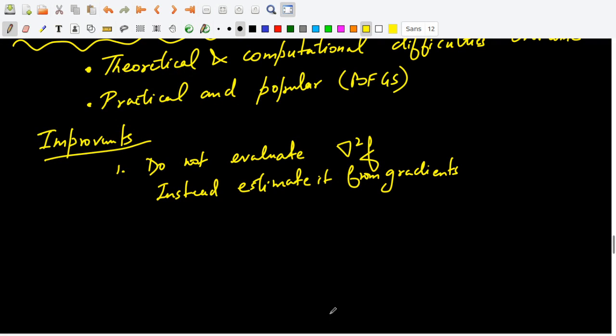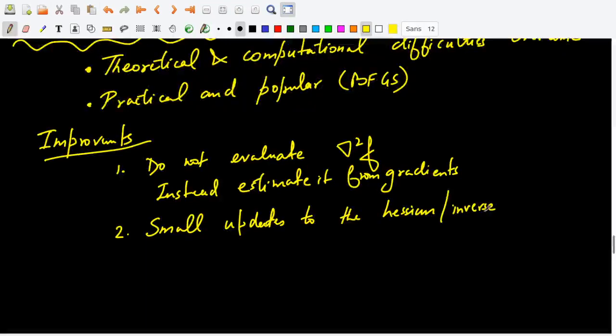And second, it is just a small addition to the first one: you don't evaluate this estimated Hessian, you make small updates to the Hessian, or its inverse, in every iteration.